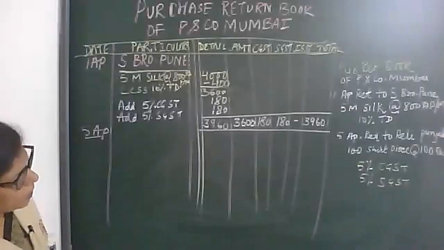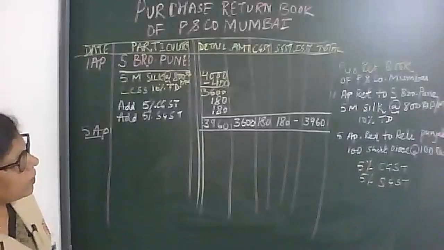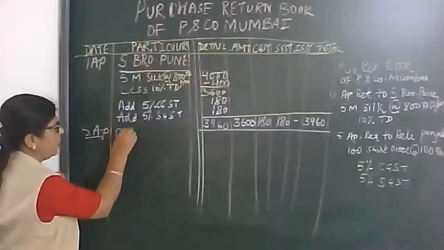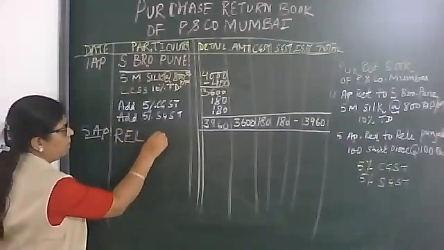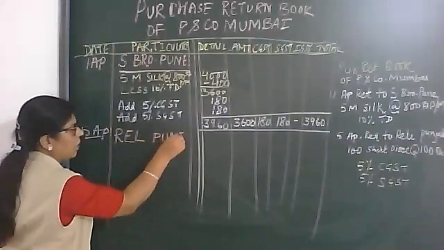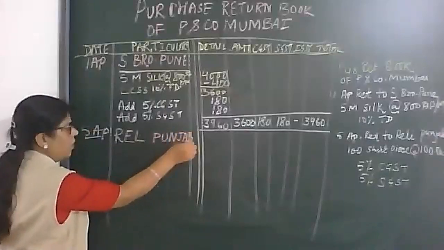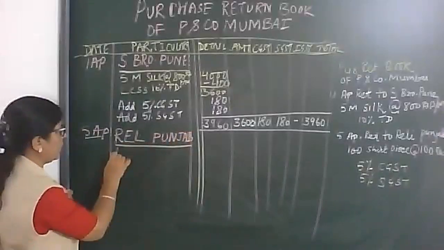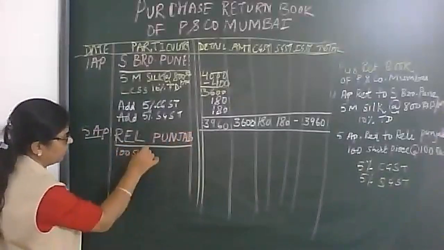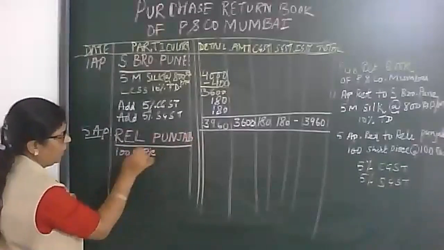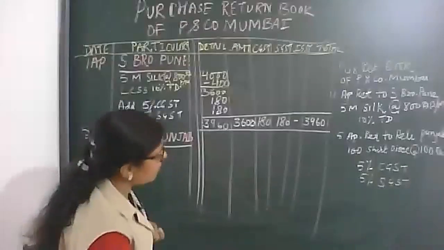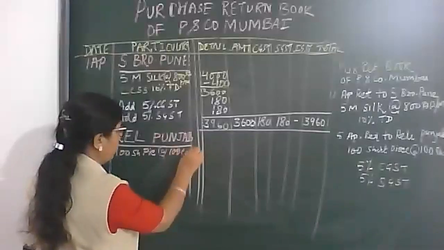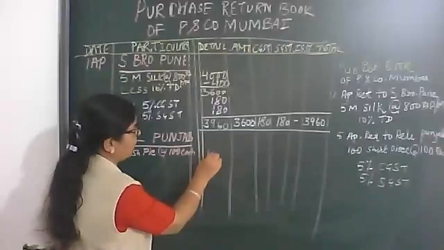Now, next, 5th April, return to Reliance Punjab. What are you returning? 100 shirt pieces at the rate of 100 each. So that will be 10,000.